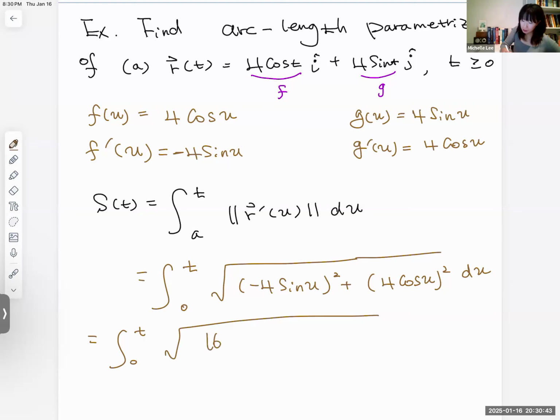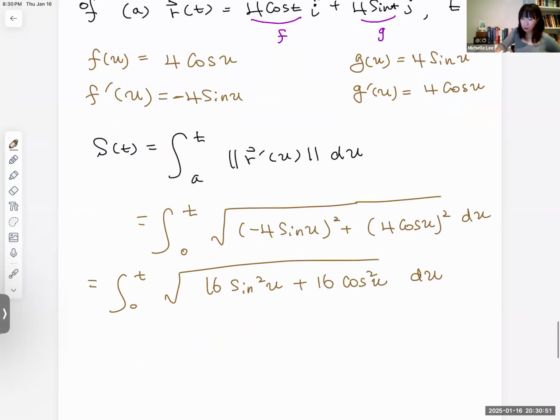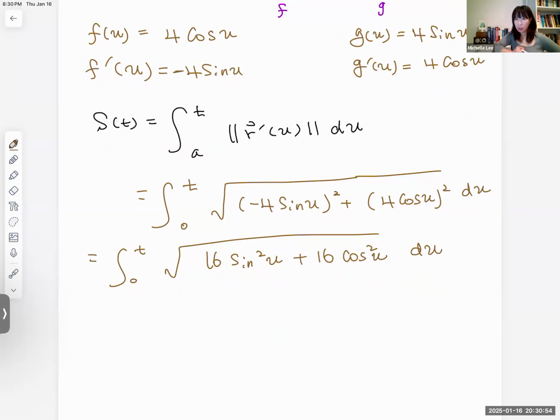That will be 16 sine square u plus 16 cosine square u, du. We had the experience earlier, right? So that will be just 16.